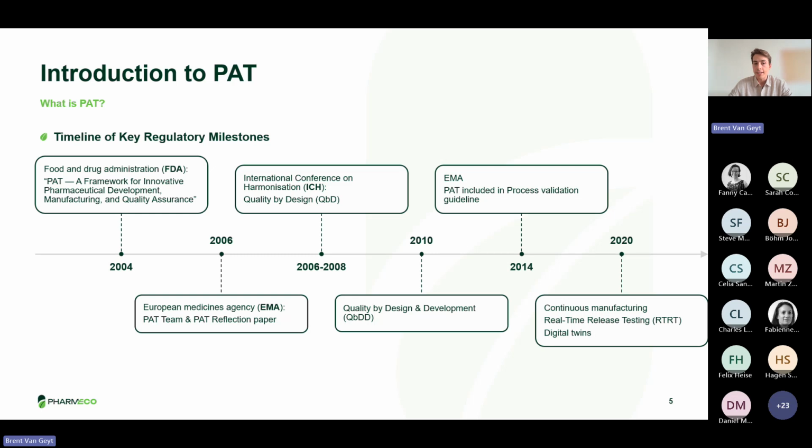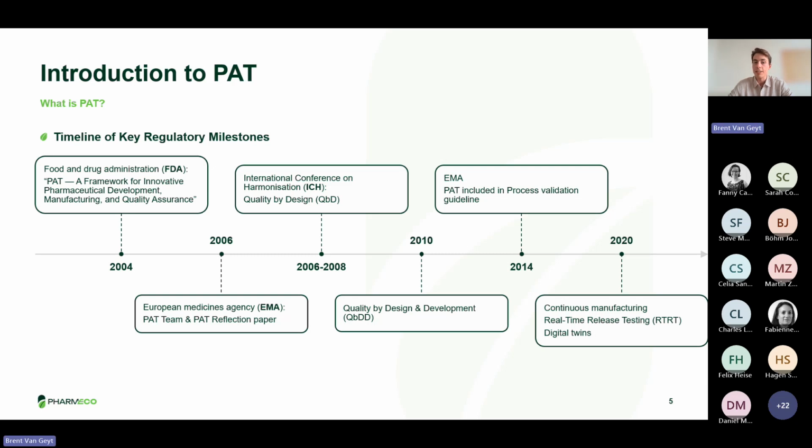QbD. Then a little bit later, in 2010, they added a word on top of this with quality by design and development, so not only using PAT to design a production line, but also including PAT while developing. And then in 2014, the EMA again published a guideline with PAT included in process validation.